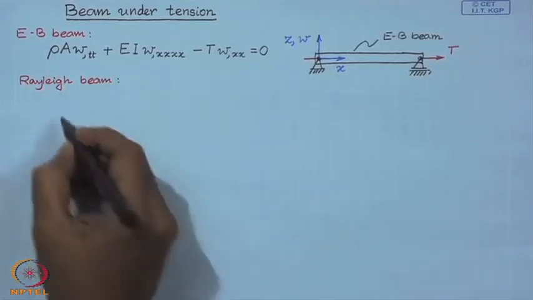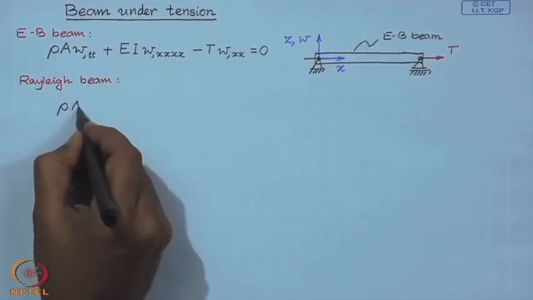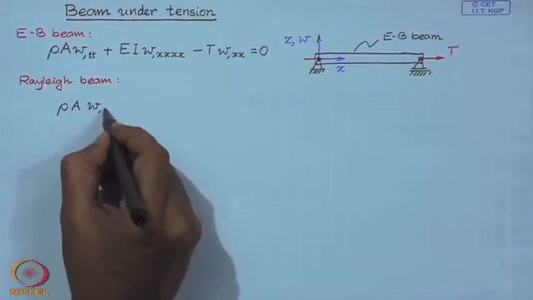In the case of a Rayleigh beam, you have this additional term because of rotary inertia.